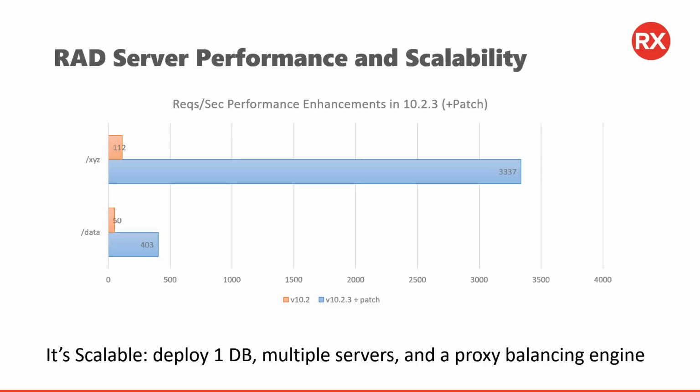So almost a full 10 milliseconds per request. With the patch, I can get 3,000 requests a second. So for a do-nothing method, it's a 3,000% increase, or 30 times more throughput compared to the previous version.